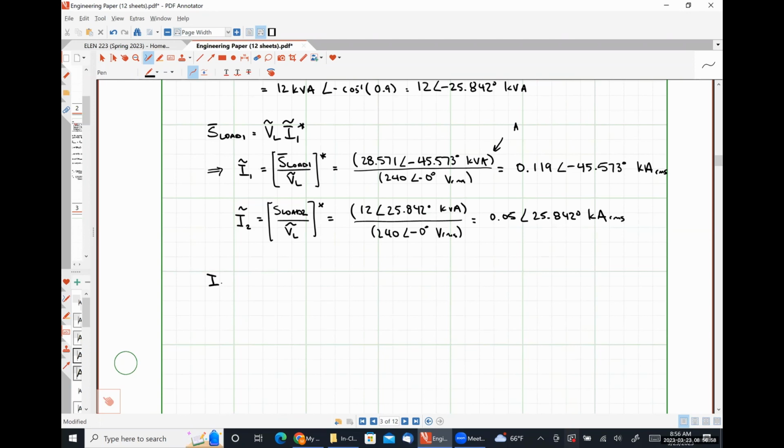And from this, I wire is just I1 plus I2.